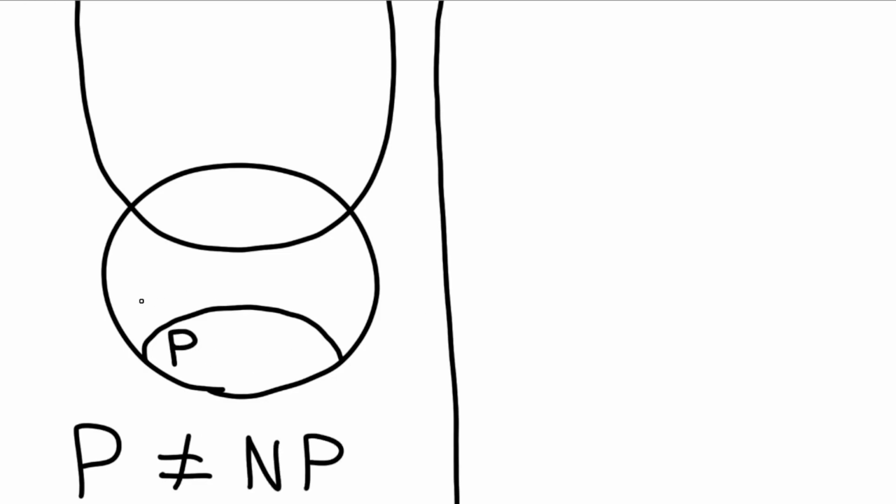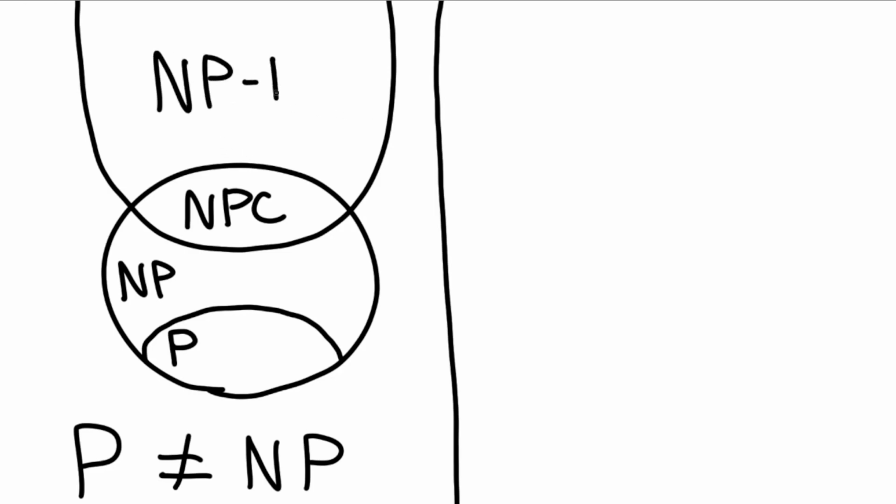P does not equal NP, so we have P there, we have NP there, this would be NPC, NP complete, don't be mistaken with NPC, and we have NP hard there.